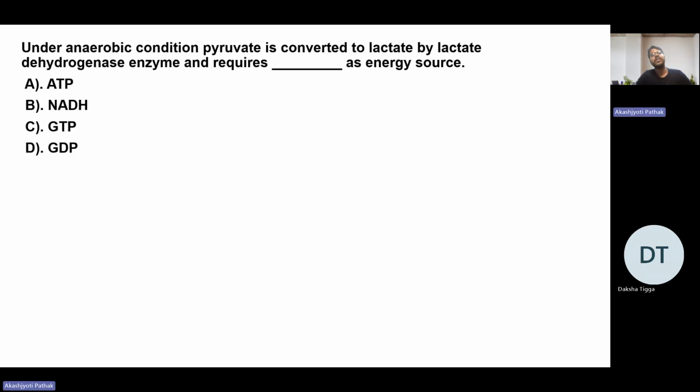Now, under anaerobic conditions, pyruvate is converted to lactate by lactate dehydrogenase enzyme and requires what as energy source? So what is the answer? Pyruvate getting converted to lactate by lactate dehydrogenase enzyme requires, basically, in that step, your NADH getting oxidized to NAD plus.